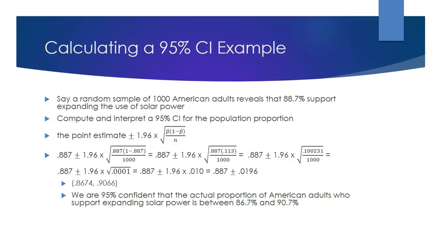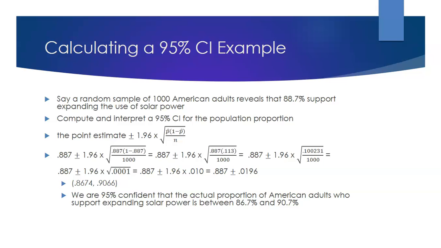To transform that 88.7% into a proportion, we can either divide by 100, or move the decimal place over to the left 2. That gives us 0.887. So the proportion that supports the use of solar power in that sample is 0.887.